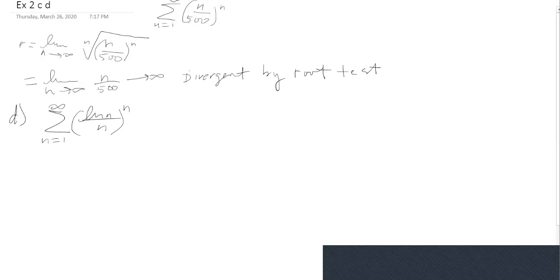So typically, as soon as you see that fractional exponent or that variable exponent with the index n there, that indicates you should probably use the root test. So we're going to have this, which then becomes this.